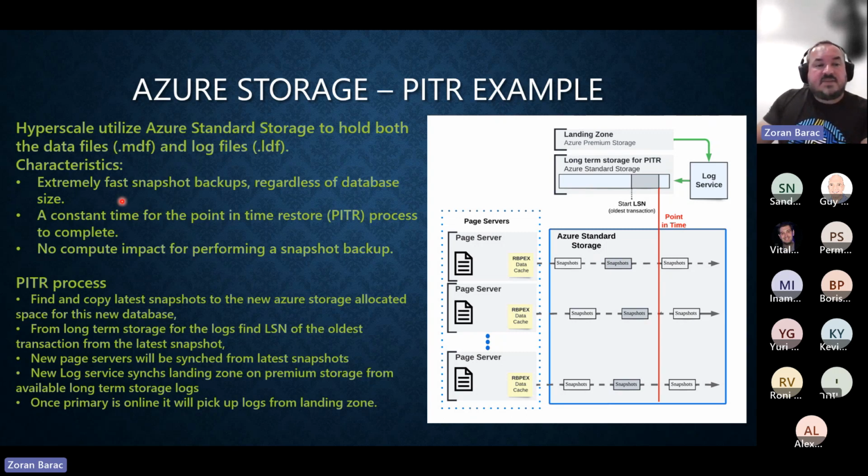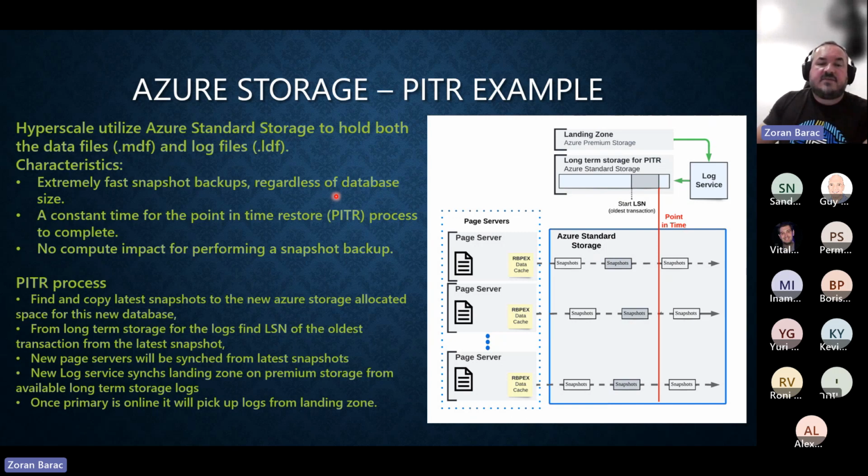So what we get from that is extremely fast snapshot backups, regardless of database size. I explained why "regardless of database size" is not quite true: if you move a database from a general purpose, standard traditional architecture, vCore, sorry, my bad, and it's more than 1 terabyte, you might end up with a 512.